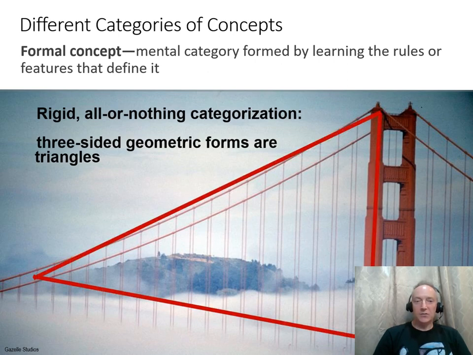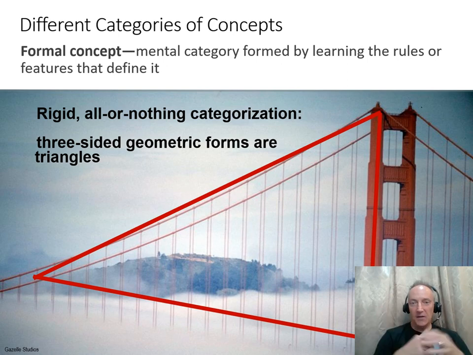It either has all of those criteria and we group it in that conceptual category, or it's not. So, for example, a triangle would be an example of a formal concept. It either is or it isn't, and we can tell somebody specifically what the criteria are that define something as a triangle. So we can say it is a shape that has 3 sides and 3 angles, and the angles sum to 180 degrees.